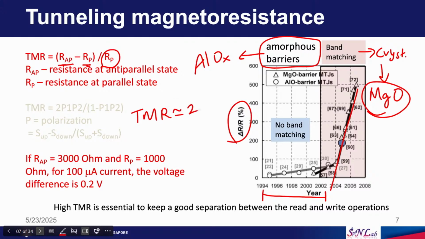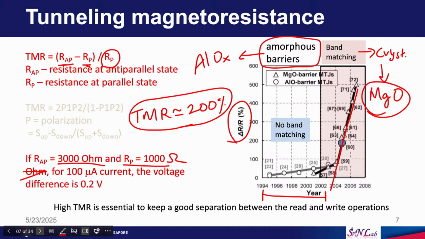Okay, so, this is currently widely used in the industry. So, if the parallel state gives rise to 100 ohms, then the antiparallel state will be around 300 ohms. Okay, that gives rise to a 200% change.